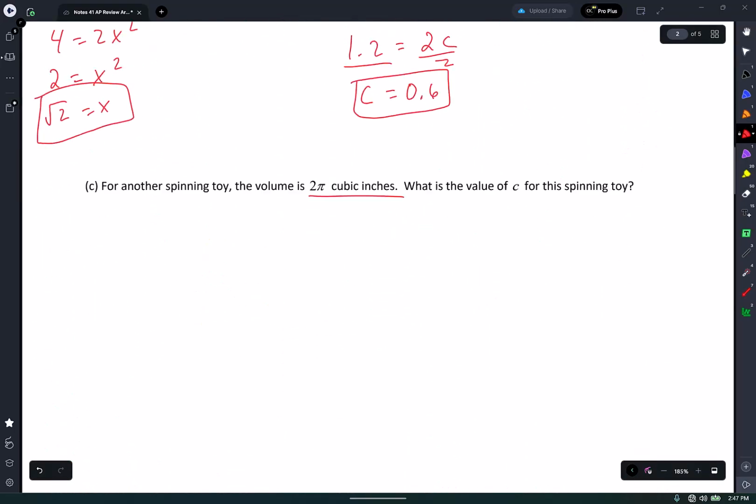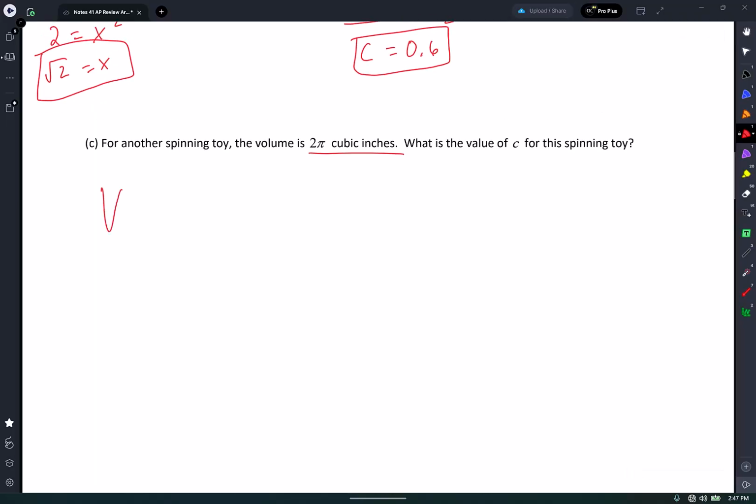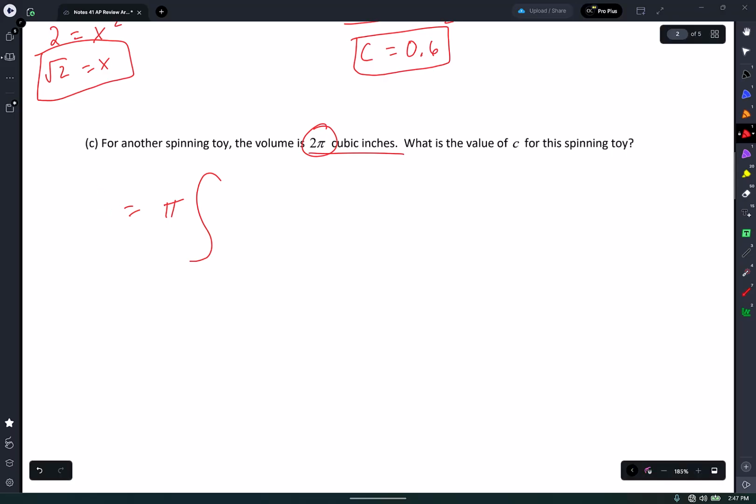So I'm going to say volume equals pi integral. Volume is 2 pi cubic inches, I'm going to set it equal to 2 pi. I was going to put the 2 pi on afterwards, because that's what we're trying to solve for, C, you know what I mean?